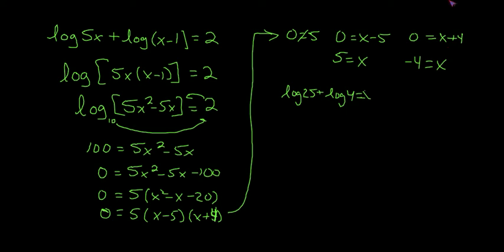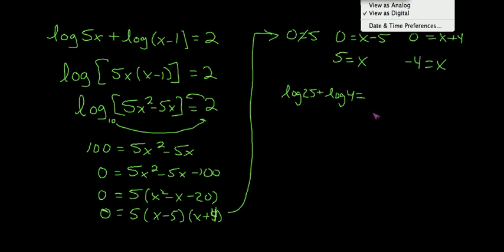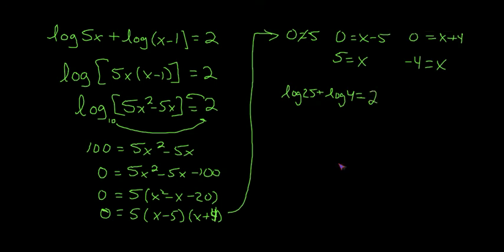Now again, I can put these together with addition and do the product rule, which just says I can turn it into a single log of 25 times 4, which is 100. And then again, because this is base 10, 10 to the second power equals 100, so I do get 2 equals 2. So we're good there.